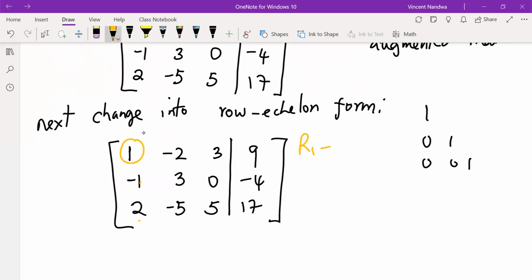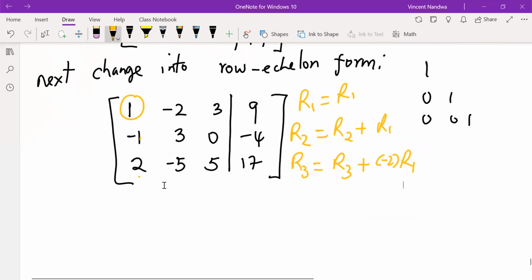So row 1 remains row 1. Row 2 will be row 2 plus row 1. And row 3 will be row 3 plus minus 2 row 1.